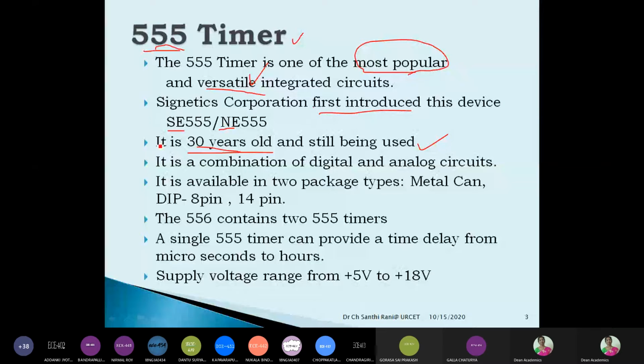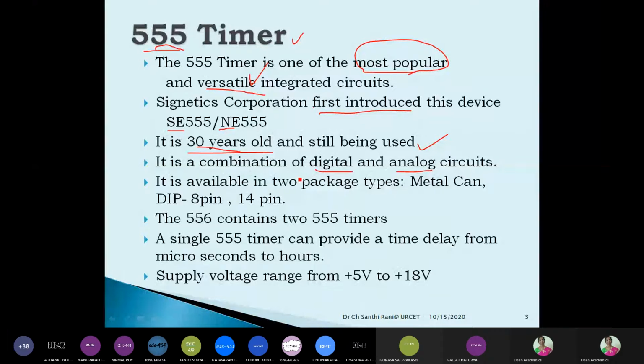Okay, all others I think you have in your notebook, and you also have their designations in your memory, right? And if you observe these other features of this 555 timer IC, it is a combination of both digital and analog circuits.